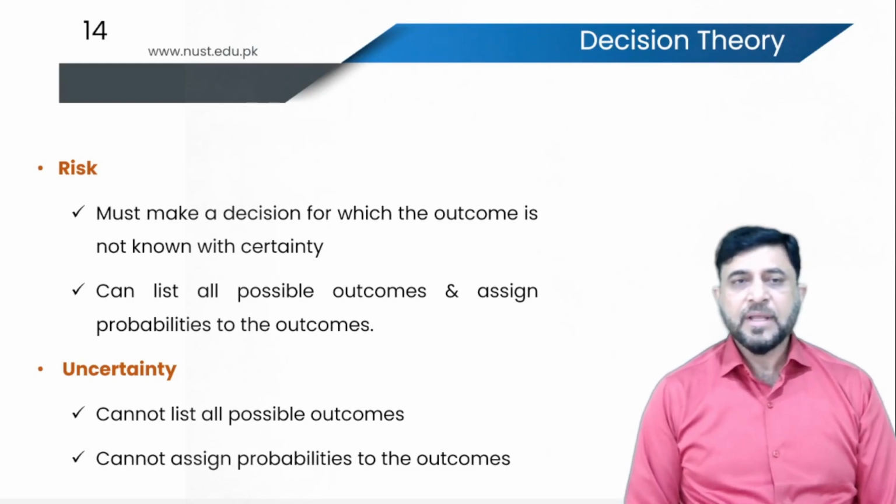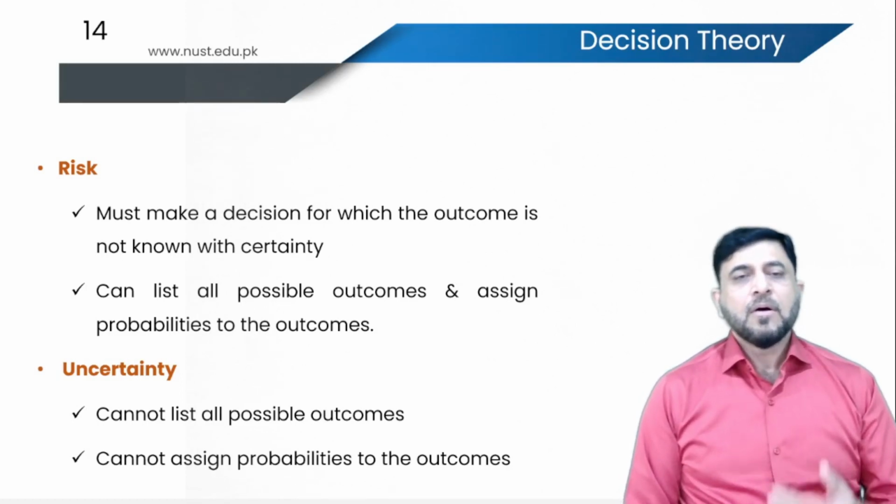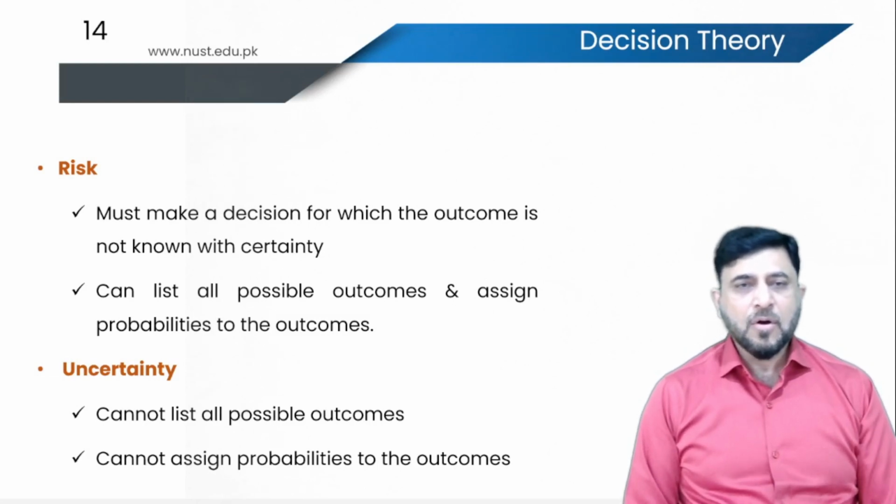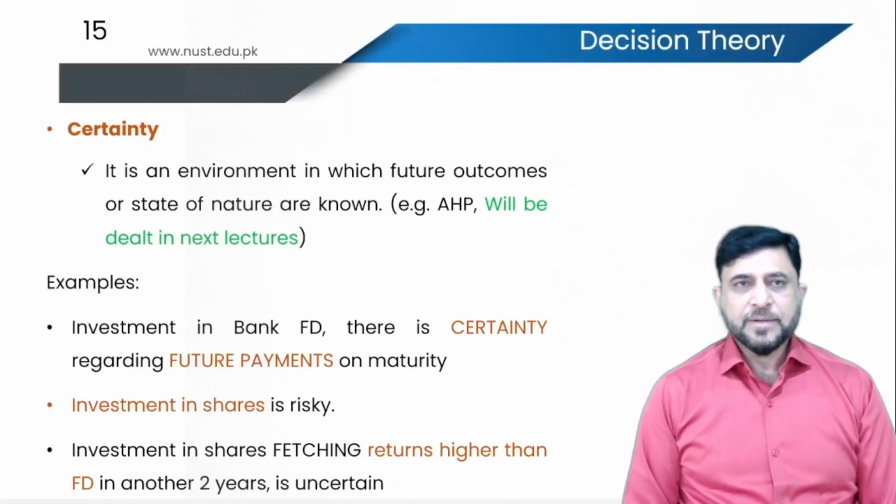What is uncertainty? We cannot list all possible outcomes because we are uncertain about it. So we cannot assign probabilities to the outcomes. If all the outcomes are not listed, how can we assign their probability? So risk and uncertainty are two different ways of doing a problem, right?